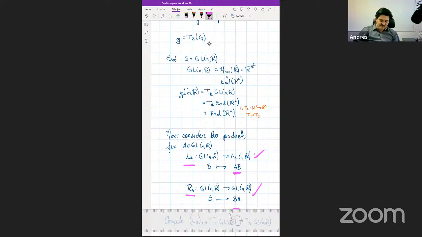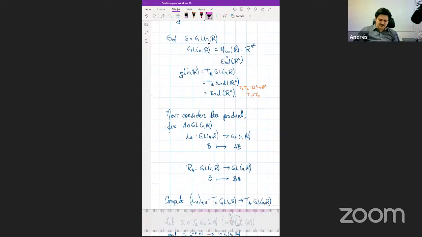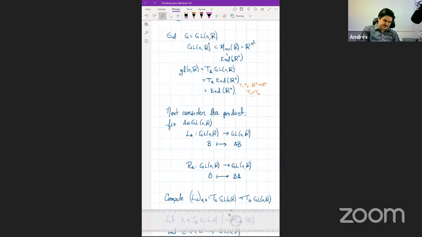It's just the matrix multiplication. So the goal of all of this is to compute the differential of these two maps. Okay, so remember that this is the non-singular matrices. So let's compute the differential at the identity. So this is what I would like to know. Okay.